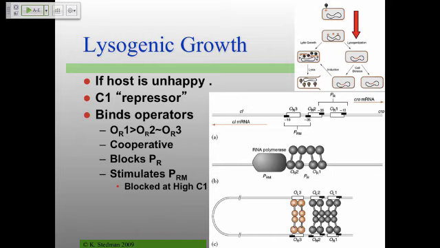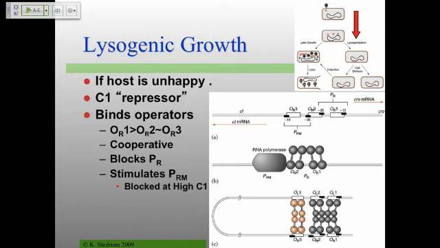And the way that you can go through this lysogenic process is activation of the C1 protein being a repressor for the lytic genes, but also an activator for its own genes. And so that's why repressor is in quotes, because it's also serving as an activator of its own genes. So it's serving as both transcriptional activator and repressor.